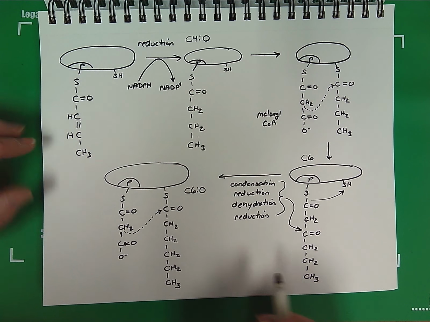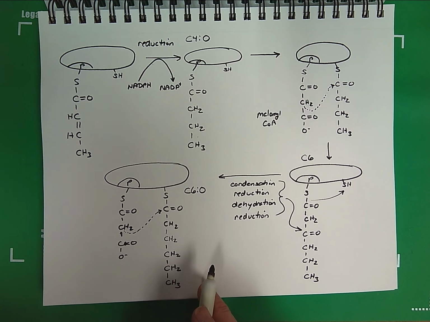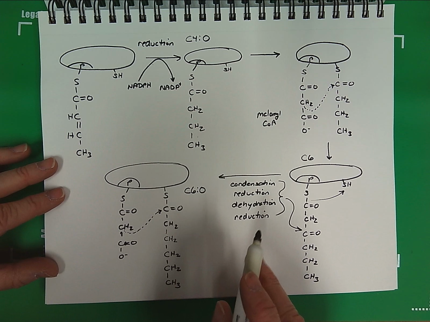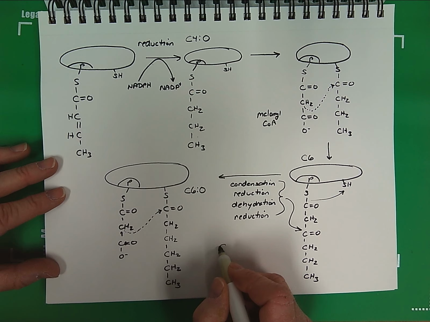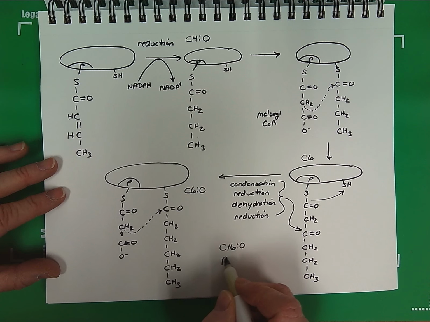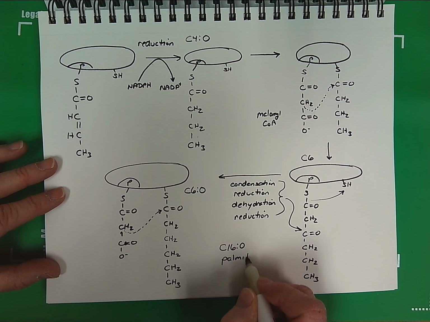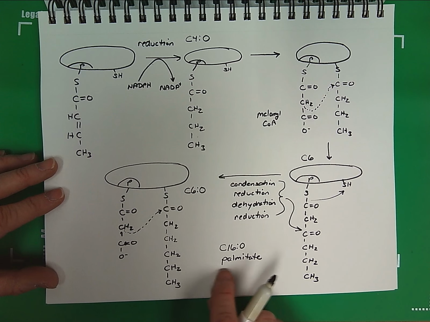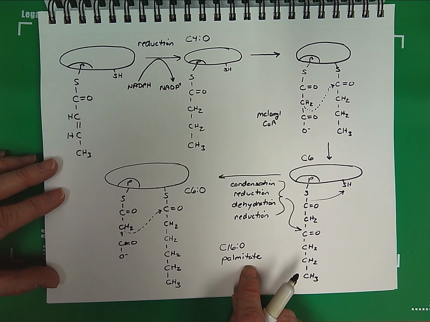Now we do this reaction multiple times, continuing around the cycle, until we generate a C16:0. This is called palmitate. This is the fatty acid that we generate on the fatty acid synthase complex.